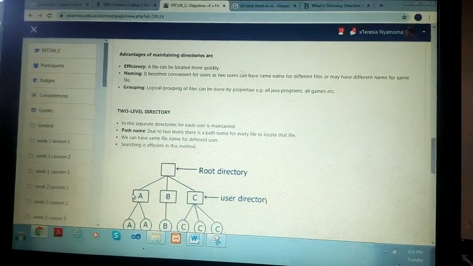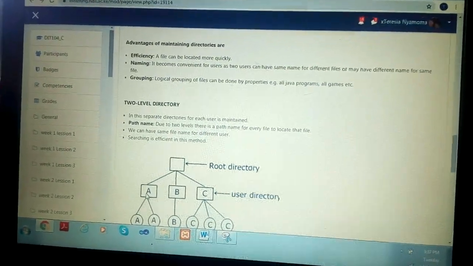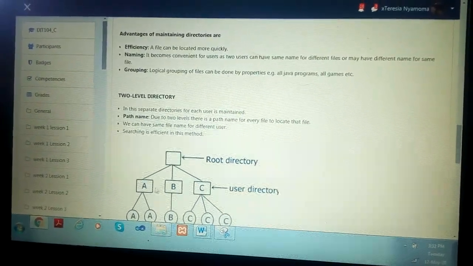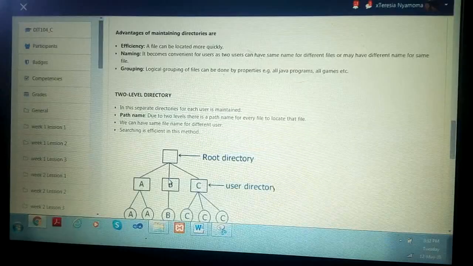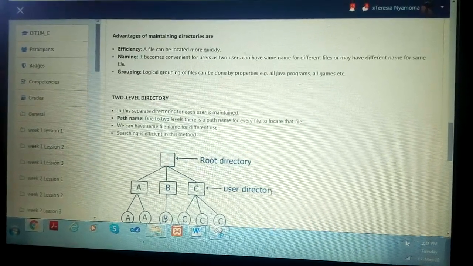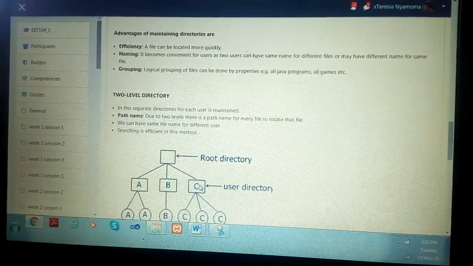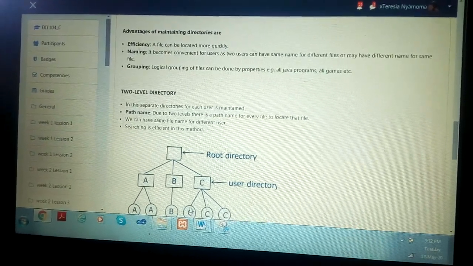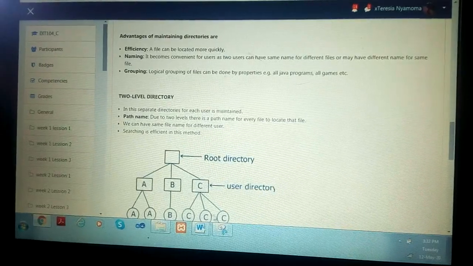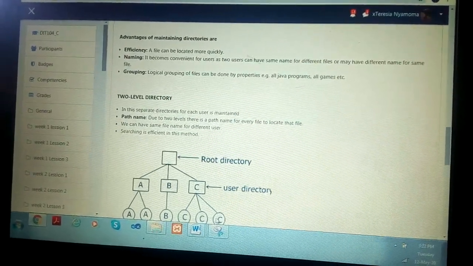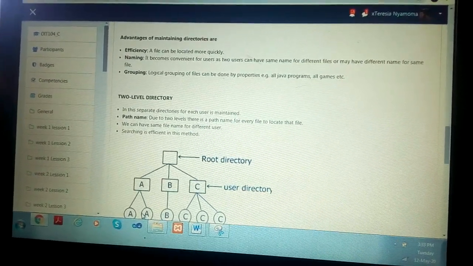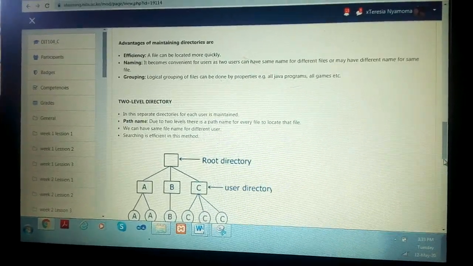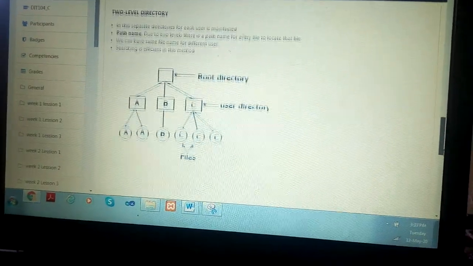For example, directory A in our diagram can have two different files for this user A. User B can also have his own files created. Same to user C, with his own directory from the root directory as C and with as many files as possible. So that implies that the files can be of different names or same names, but the fact remains each user's files are stored separately.